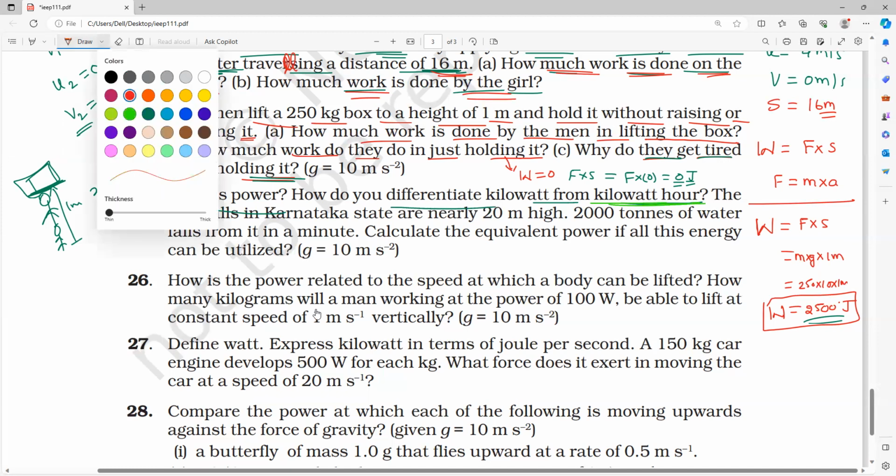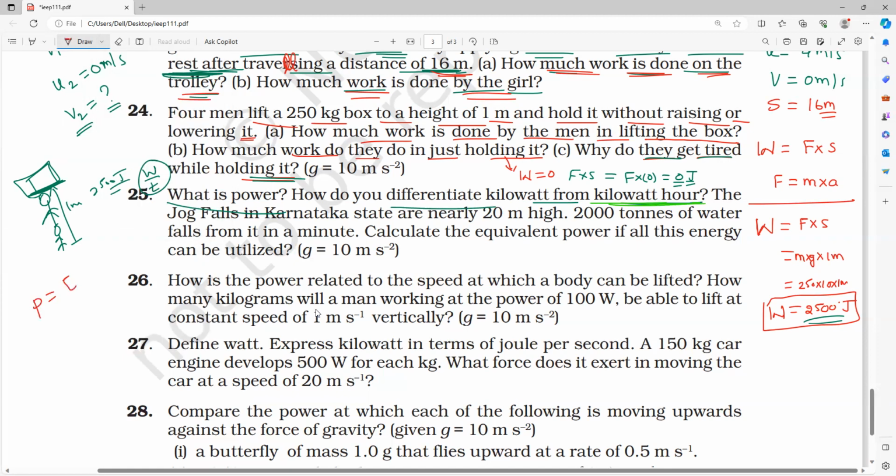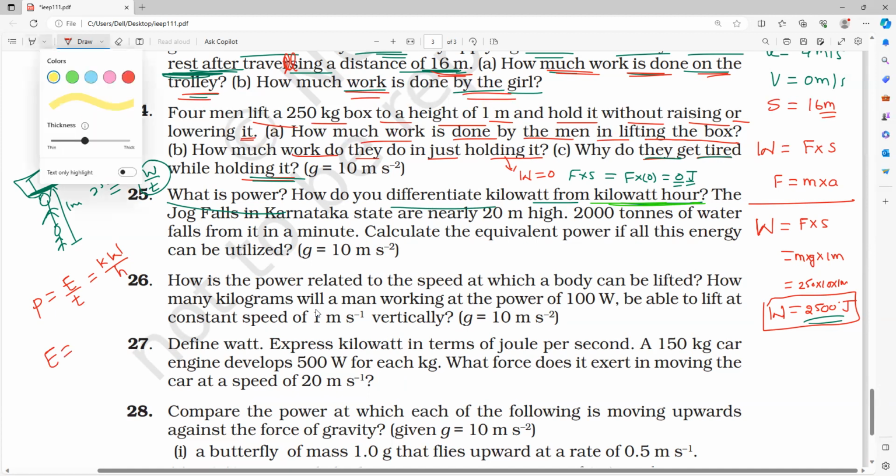Power is equal to E by T, energy by time. Energy is in kilojoules, time is in hours. So kilojoule per hour, or joule per second, we can say is kilowatt.